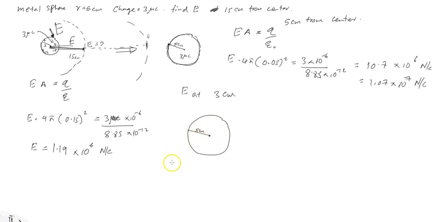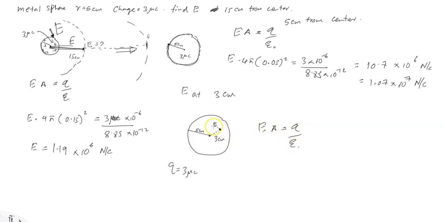Its charge is 3 microcoulombs. My question is, what is the electric field 3 centimeters from the center? So it's going to be an inside point. What do you think? Will we get a bigger or a smaller electric field? So the method is again EA equals Q over epsilon.